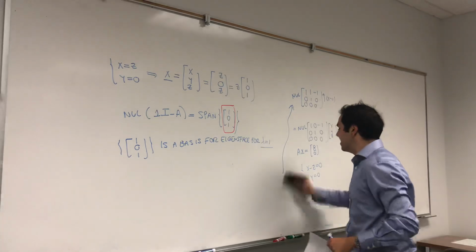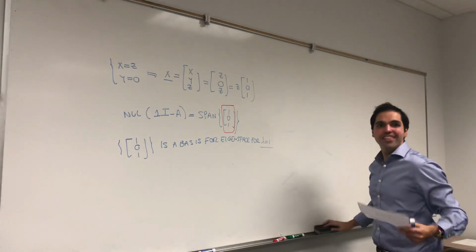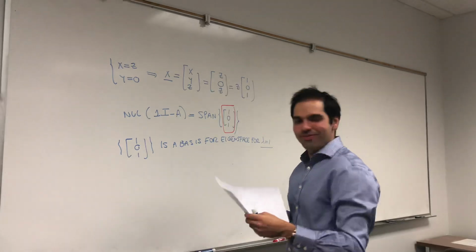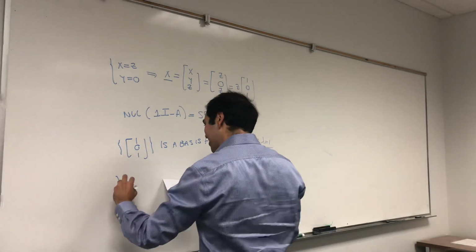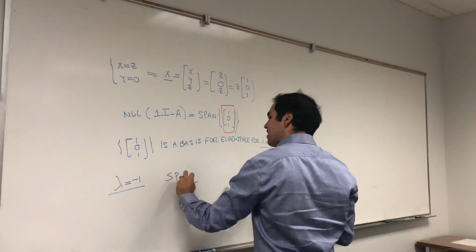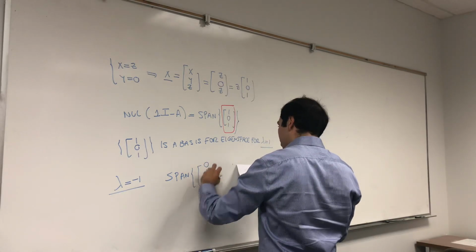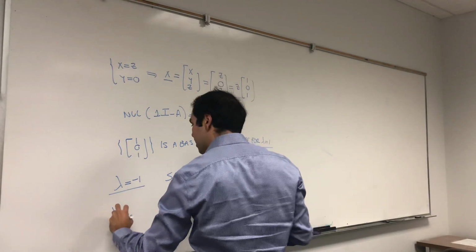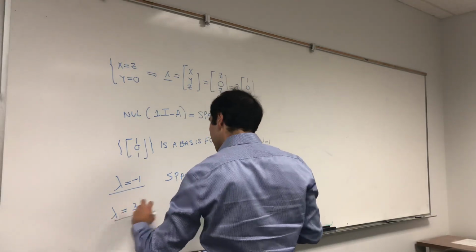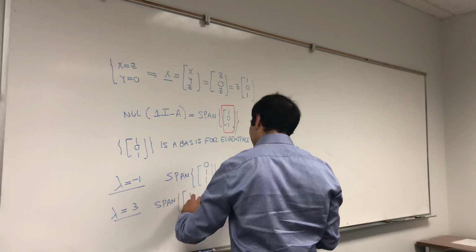And yeah, that was the first eigenvector. Now you have to do it for the other two, but again, I'm not going to do it right now. We have more exciting videos to make. So lambda equals -1, then you just get the span of (0, 1, 1), and lambda equals 3, we just get the span of (1, -1, 1).